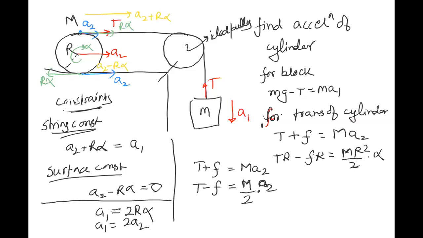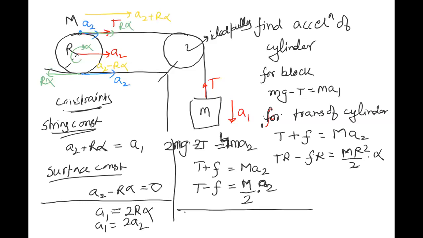And I will write down mg minus T is equal to ma1, which is 2ma2. I'll multiply this by 2, so I get 2, 2, and 4 here.